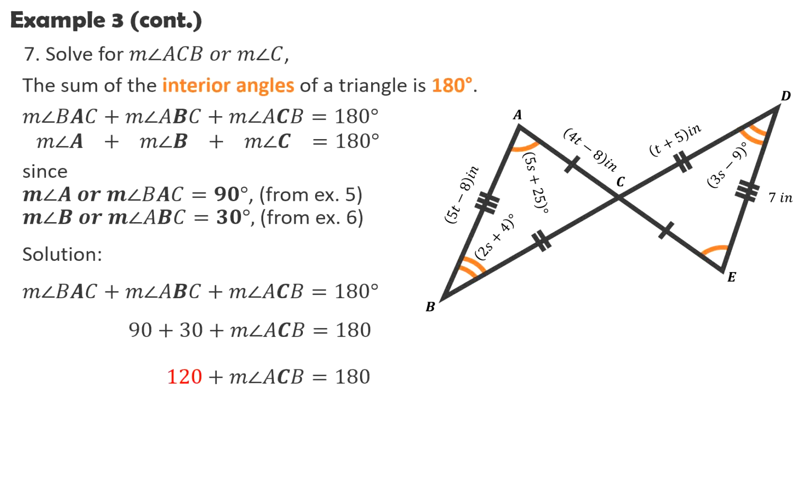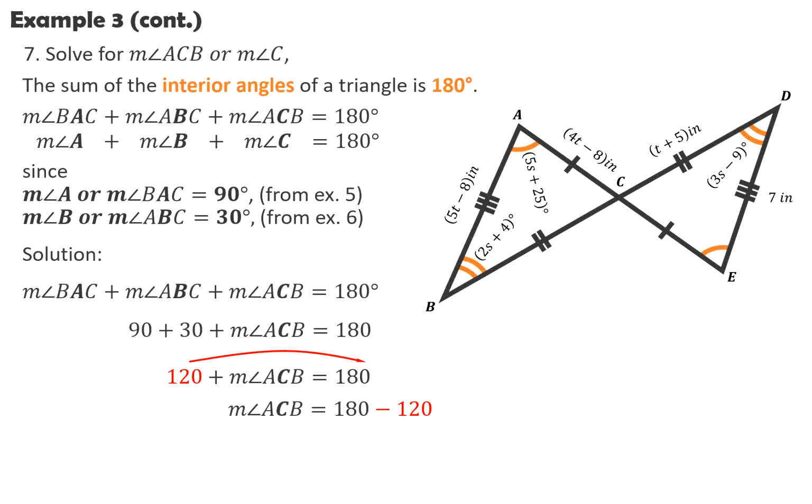Now, to solve yung measure ng angle ACB, all you have to do is transpose. Ilipat natin. Kailangan yung may mga variable nasa isang side lang, lahat ng constant nasa isang side lang din. Okay? So, dito, ang ililipat natin ay yung 120. From positive 120, pag transpose natin at nilipat natin sa right side, magiging minus 120. So, ang matitira na lang sa left side ay yung measure ng angle ACB.